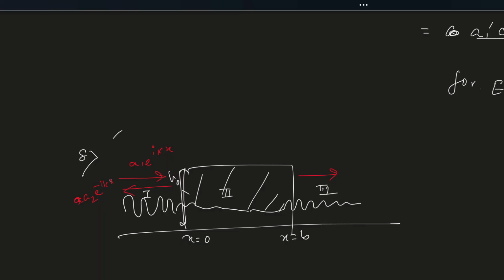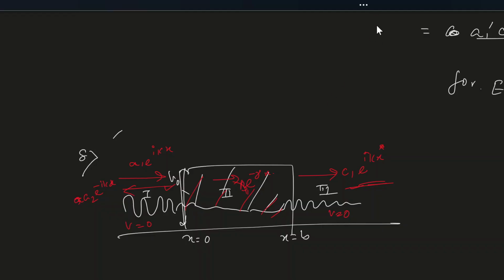Because it is minus x over here, that means it is reflected back, and inside that it will be e to the power of minus gamma x, sort of an exponentially decaying thing, b1 let's say, and outside it will be c1 e to the power of i k prime x on the other side. But here k and k prime will be the same, because they are both in the zero potential regime. So the idea of potential barrier is that only here the potential is V naught, everywhere outside the V is 0, right? There will be free particle wave like solution.